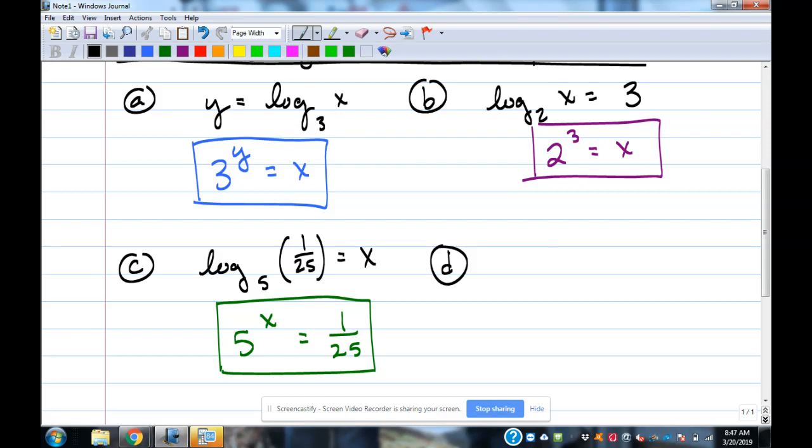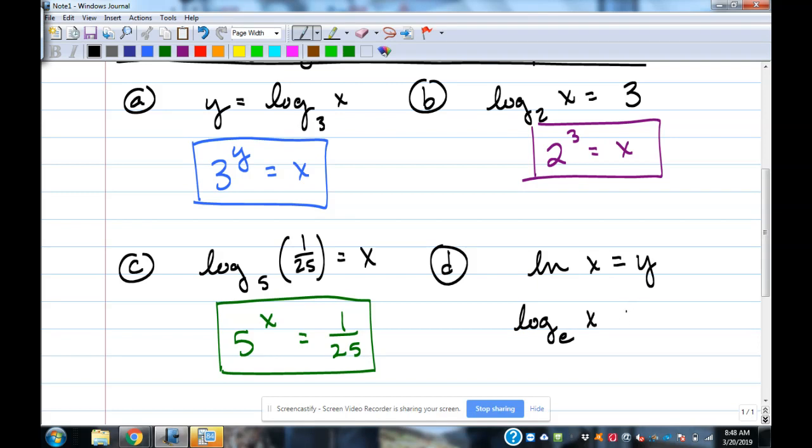Where some knowledge comes in, a little head knowledge here: ln of x is equal to y. And anybody remember what ln is? Natural log. It's actually log base what? e. I was going to get to that number.